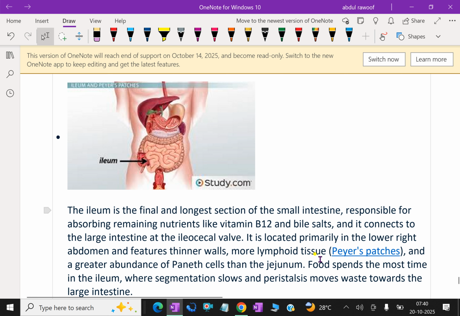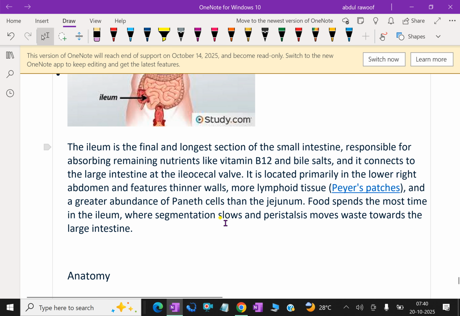It is located primarily in the lower right abdomen and features thinner walls, more lymphoid tissue, that is Peyer's patches, and a greater abundance of Paneth cells than the jejunum. Food spends the most time in the ileum, where segmentation slows and peristalsis moves waste towards the large intestine.